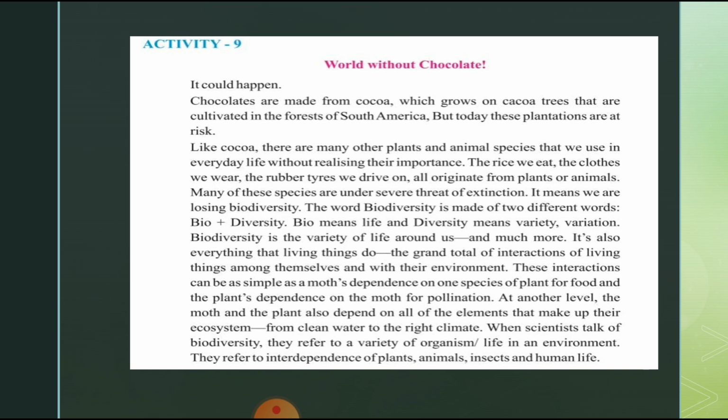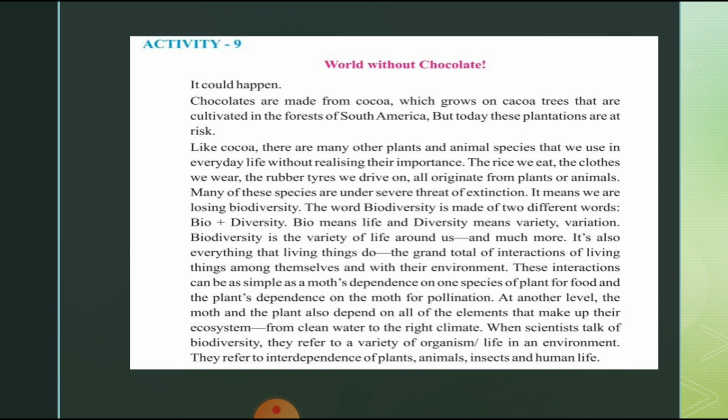When scientists discuss biodiversity, they refer to the variety of organisms. An organism means a living thing, especially one that is extremely small, tiny life in an environment. And they refer to the interdependence of plants, animals, insects, and human life.